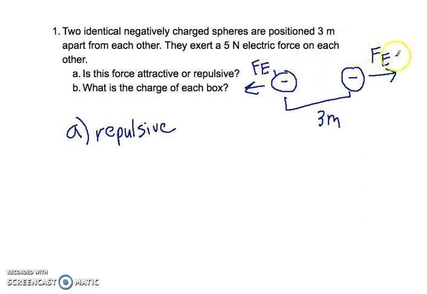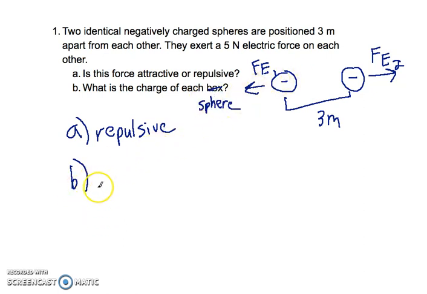We might call it 1 and 2. The size of the electric force is going to be the same on either one. But they're going to be going opposite directions, because they're both repulsive, because they're the same sign of the charge. Now B is asking, what's the charge of each sphere? Just pretend that's a sphere.